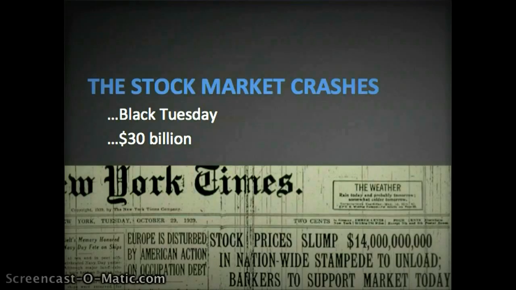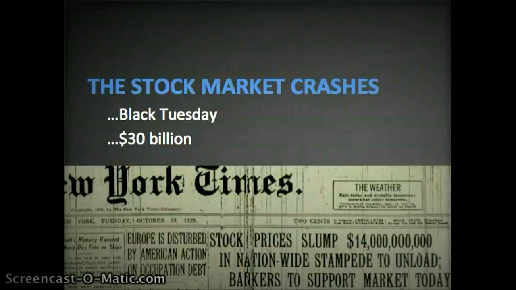Then on October 24th, the market took another plunge, and investors in a wave unload a number of their stocks and shares. The following Tuesday, on October 29th, which we now refer to as Black Tuesday, the prices of stocks plummet, and people frantically try to unload all of their stocks.